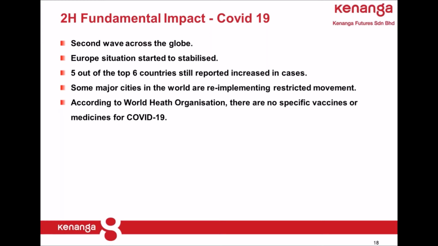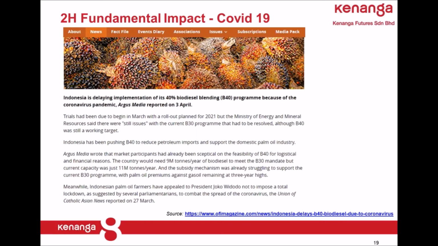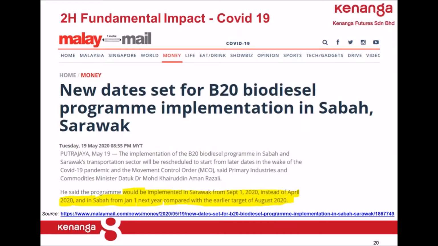The earliest targeted availability of a vaccine is about the last quarter, and to be honest, that is an optimistic expectation. Conservatively, according to some research and pharmaceutical companies, it will be available somewhere next year. This is some of the COVID-19 development that is delaying the implementation of biodiesel, as you can see.